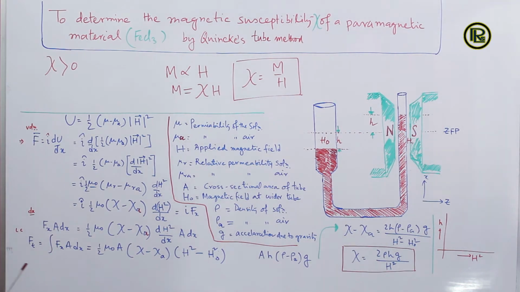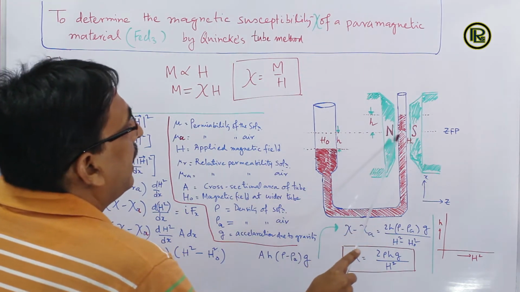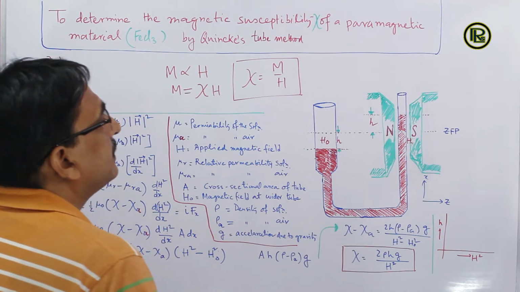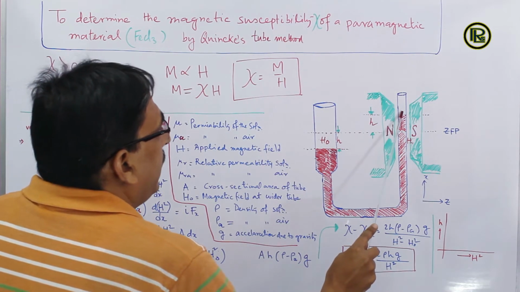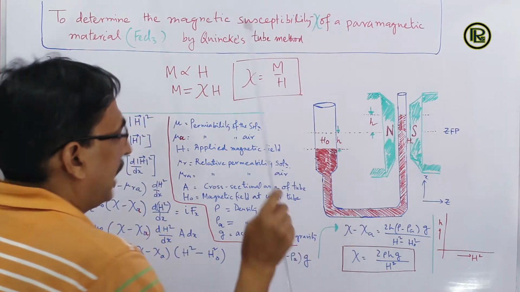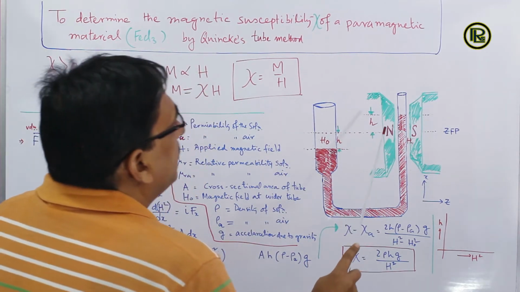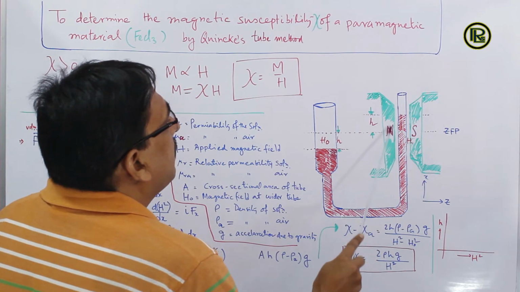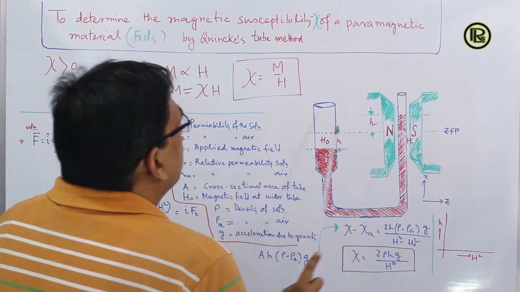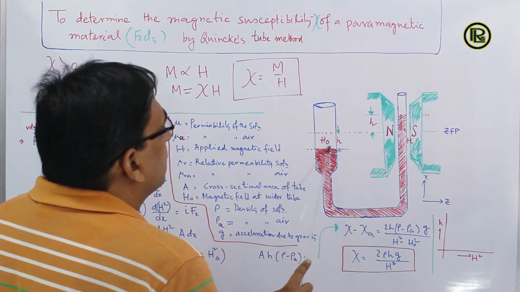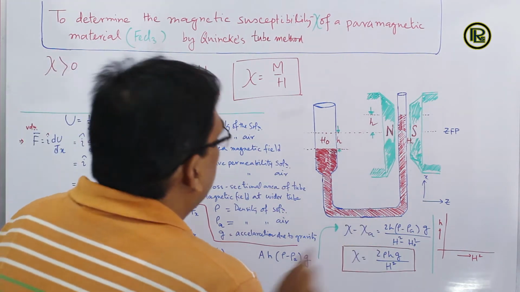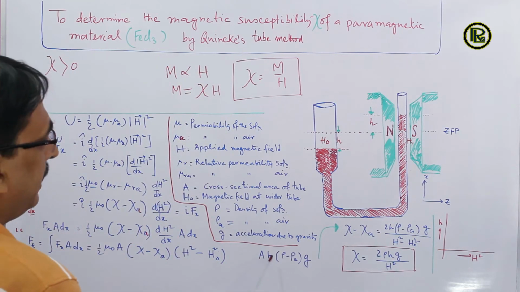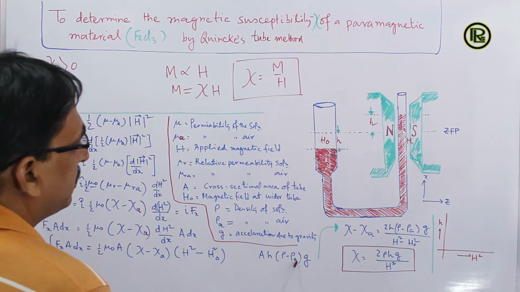Now what will happen? This liquid has some weight. So that weight acts in this direction, downward direction, and at the same time it has replaced some amount of air here. So the buoyancy force I have to consider here, and the net force due to the weight of the liquid becomes A into h into rho minus rho A into g.